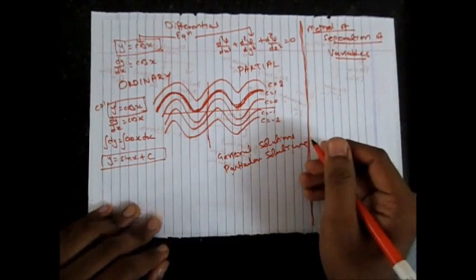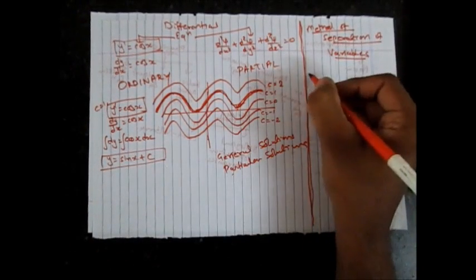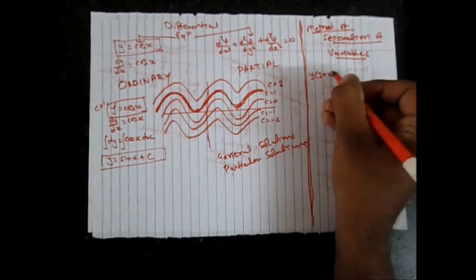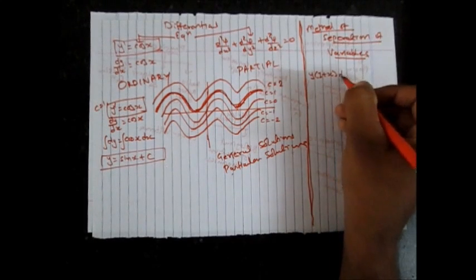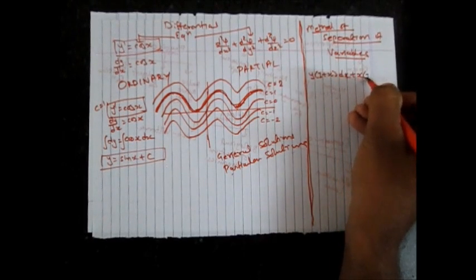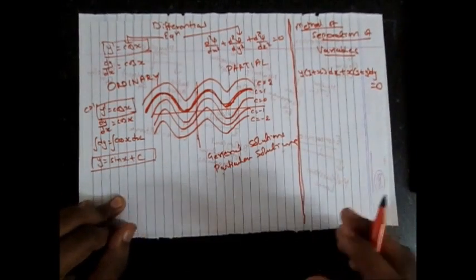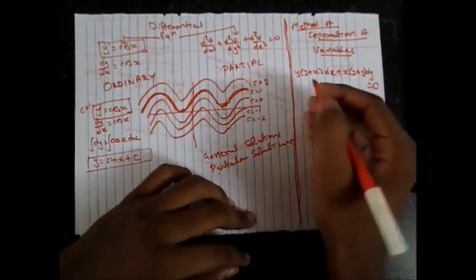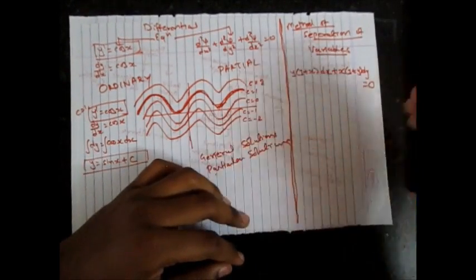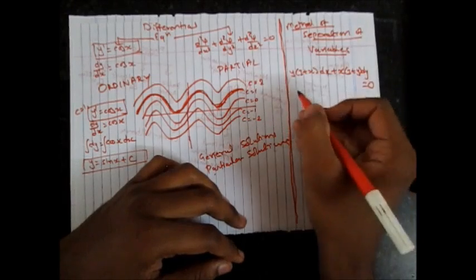I have a good example here which looks like (1 plus x) dx plus x(1 plus y) dy is equal to 0. If I want to solve this problem by the method of separation of variables, I have to take y terms on one side and x terms on the other side, right? For that, I am dividing this whole equation by xy.